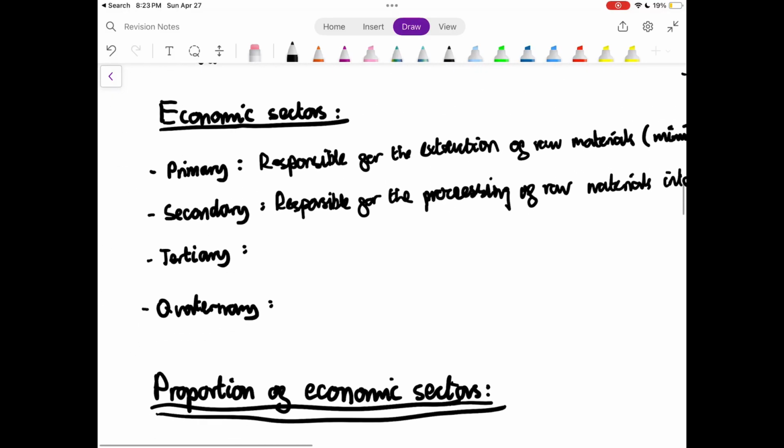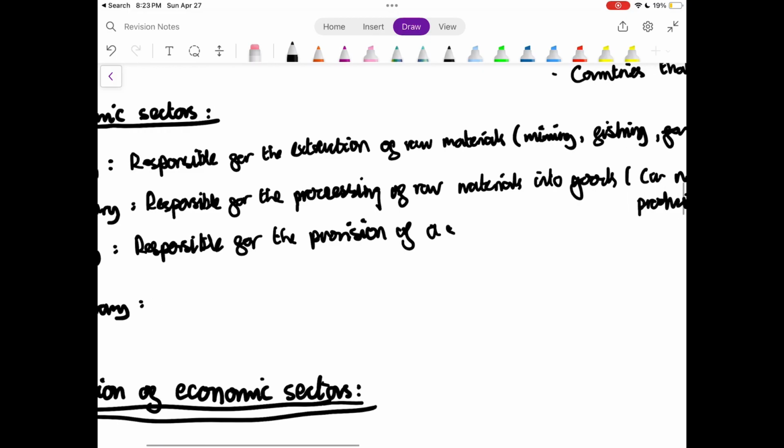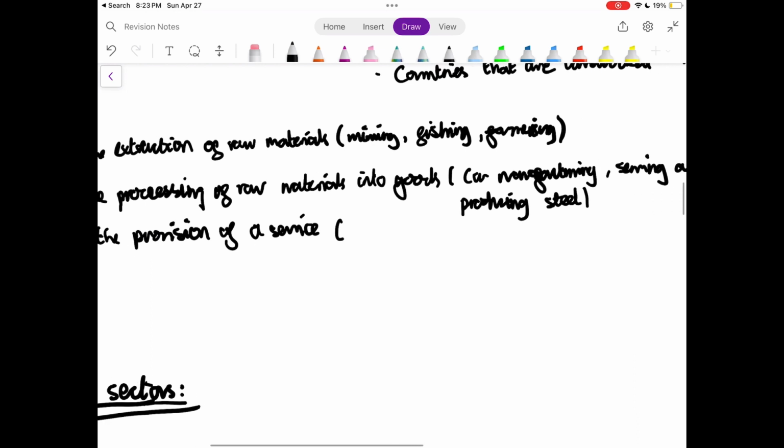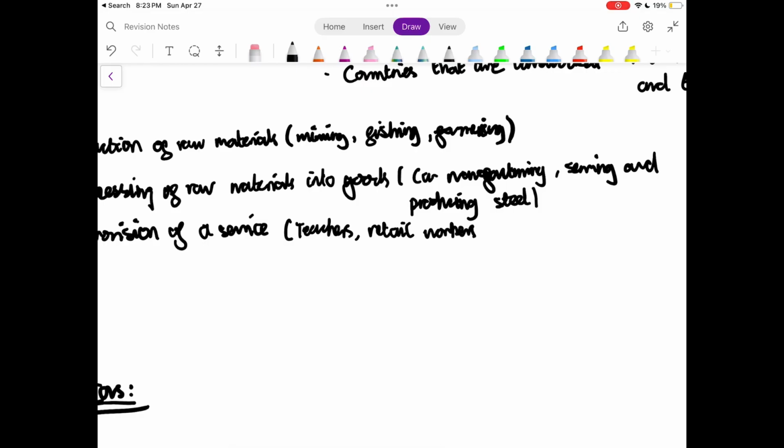Next is tertiary. This is responsible for the provision of a service. Some examples may include teachers, retail workers, and doctors.